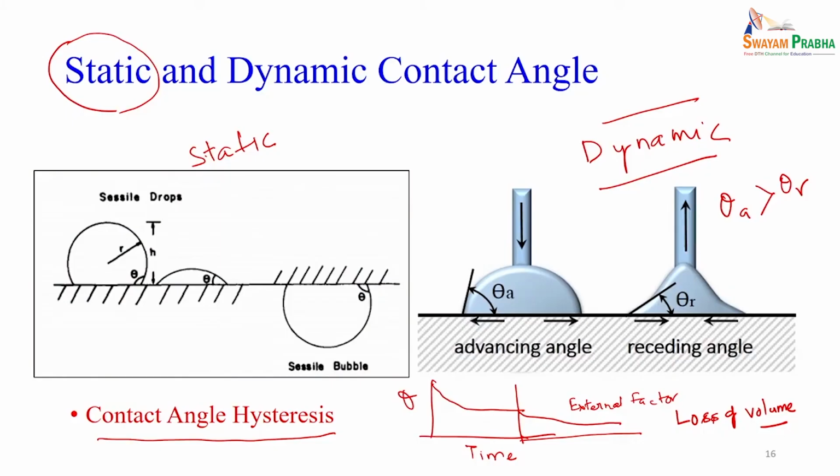In both cases, what we are assuming is that whatever shape you are observing in the camera is a part of an imaginary circle. If you can draw the imaginary circle, I know the radius of that circle, and once the radius is known I can easily calculate the angle of the tangent.